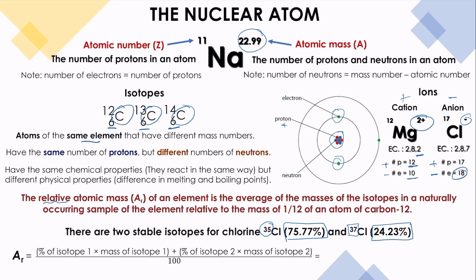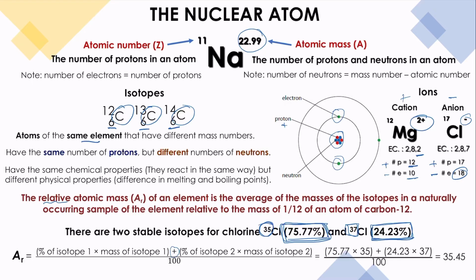Ar is equal to the percentage of isotope 1, it means the natural abundance for the first isotope, multiplied by the mass of isotope 1, which is 35, plus the percentage, which is the natural abundance of the second isotope, multiplied by the mass number here, all over 100.